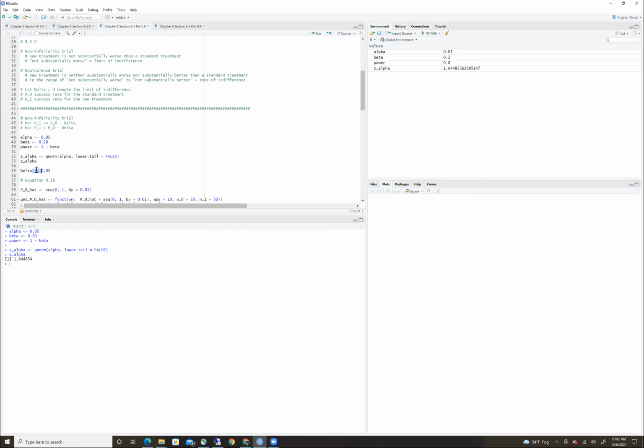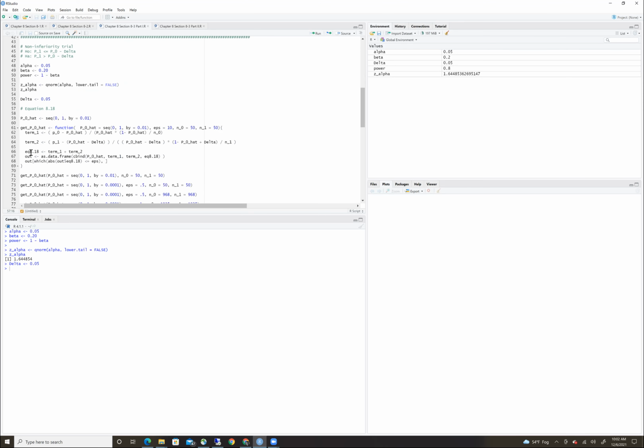All right, we're going to set delta to be 0.05. All right, so now we're going to consider calculating power. And if you look in the text, we're looking at equations 8.17 and 8.18. All right, so I'm going to create a function that is going to solve for p0 hat.